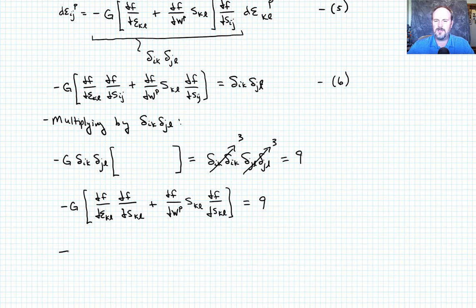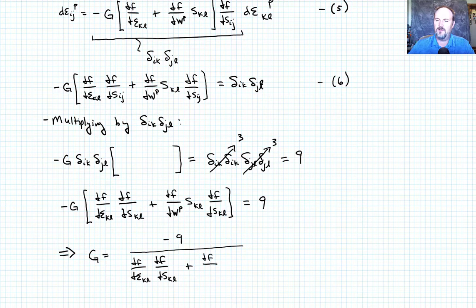Okay, and what I can do is solve for G now. So G is equal to negative 9 divided by the partial of f with respect to epsilon kl times the partial of f with respect to skl, plus the partial of f with respect to plastic work times the partial of f with respect to skl times skl.